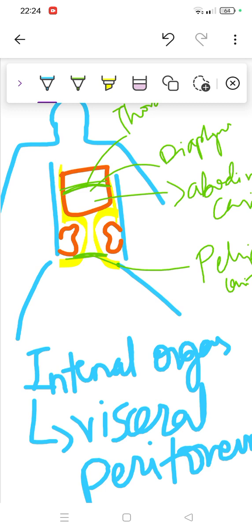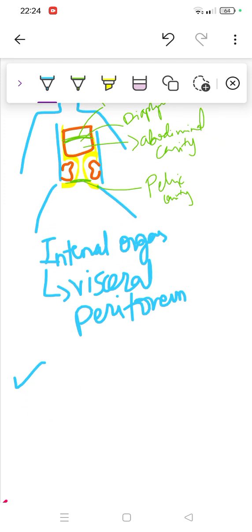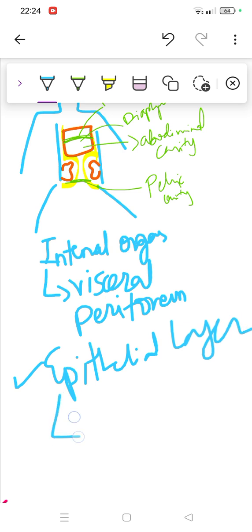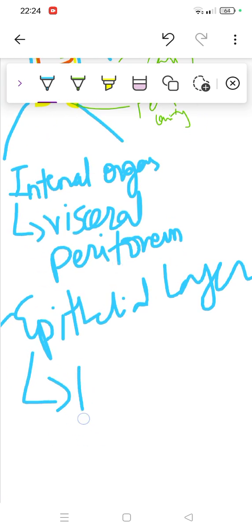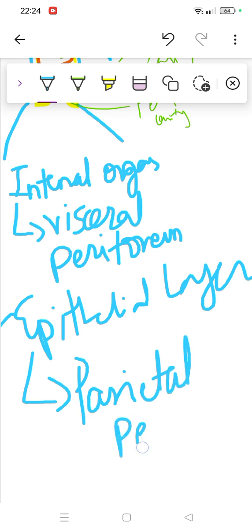For all internal organs we have the visceral peritoneum, but for the entire body wall, that is made up of an epithelial layer called the parietal peritoneum. This is for the entire covering, right?